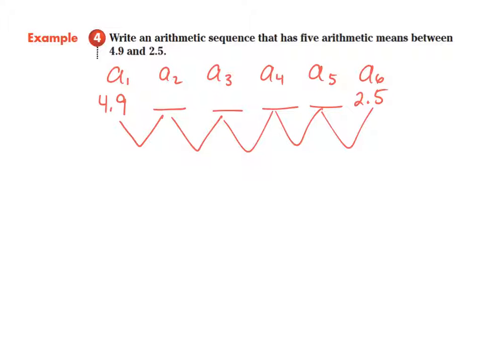Okay, so we have to figure out what that d is, right? How can I do that? If I'm starting with 4.9 and I'm ending with 2.5, I want to find the difference between them. So 2.5 minus 4.9, and we're dividing 5 times, right?